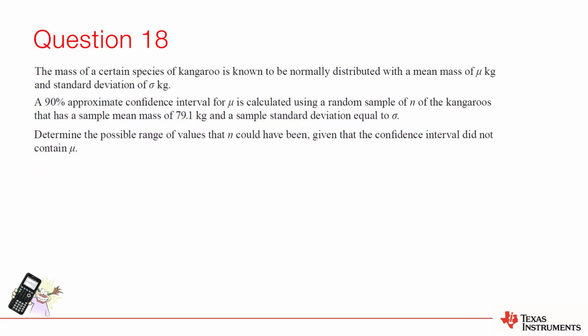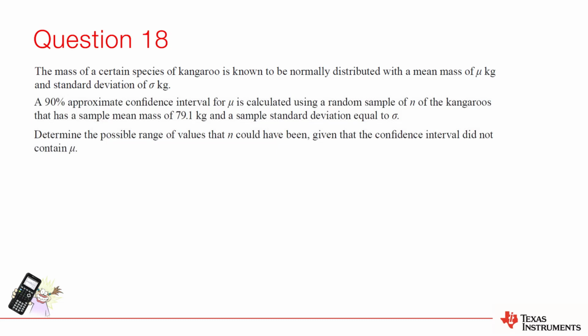We're told that a 90% confidence interval for mu has been calculated using a sample of n kangaroos. The sample has a mean mass of 79.1 and a standard deviation the same as our population standard deviation. We are also told that the confidence interval does not contain the population mean.